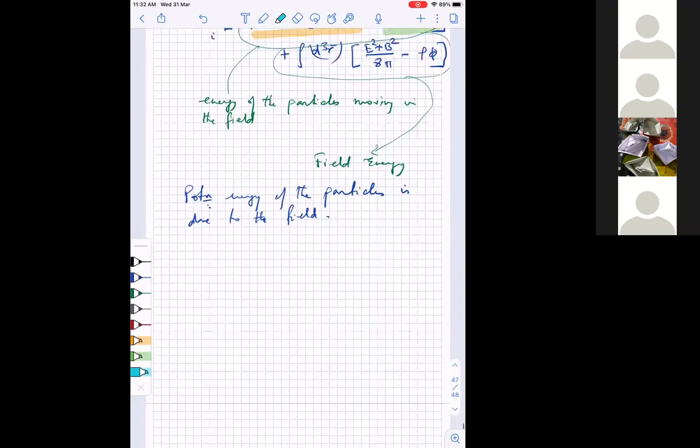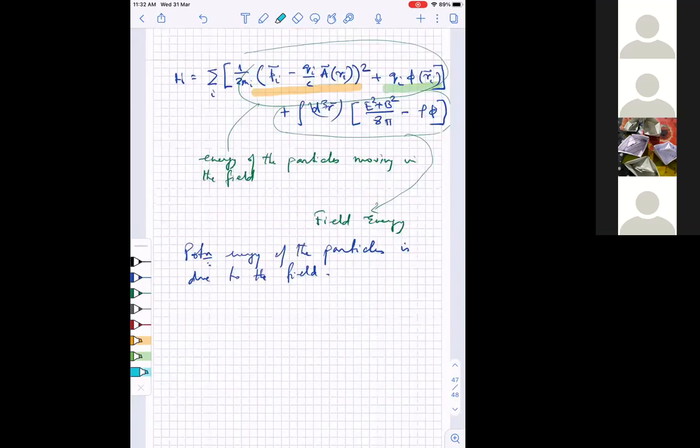Okay. So use the connection between rho phi and the sum over Qi phi I Ri, to simplify.